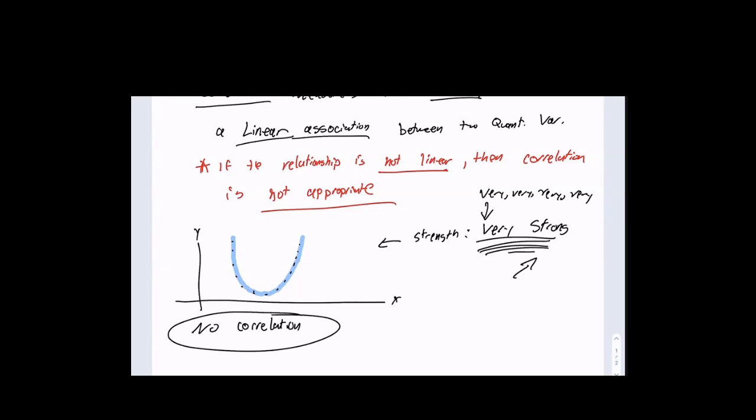So what we're seeing here is that there is no linear relationship. That does not mean there isn't a very strong nonlinear relationship.